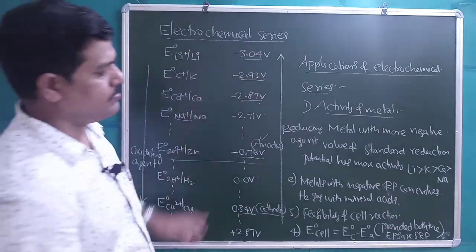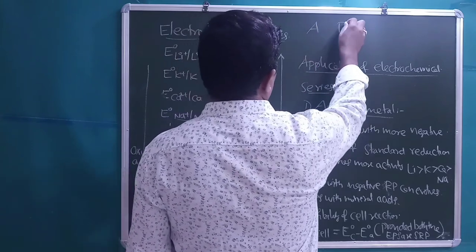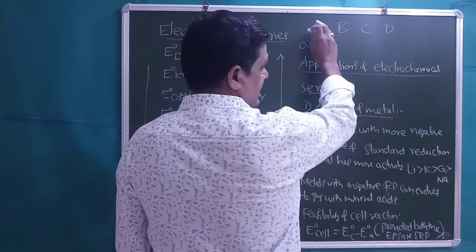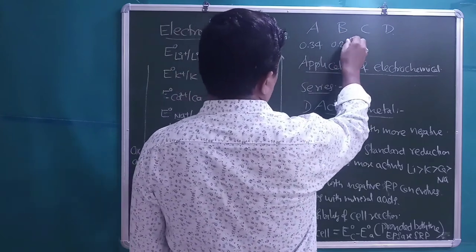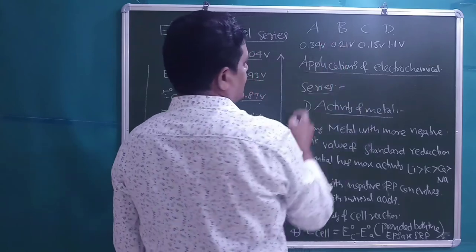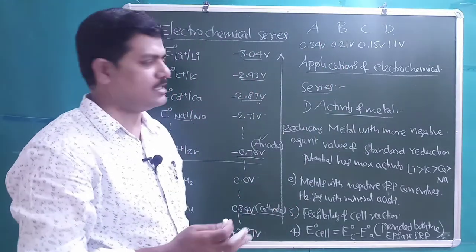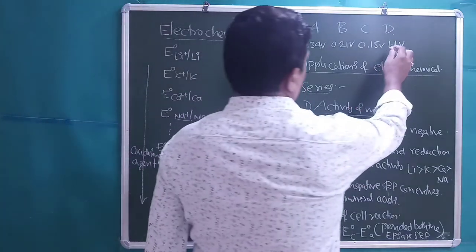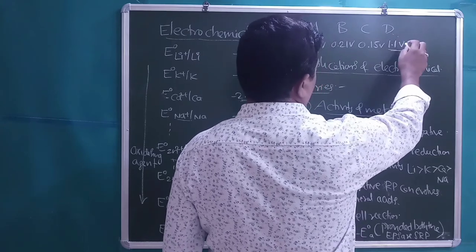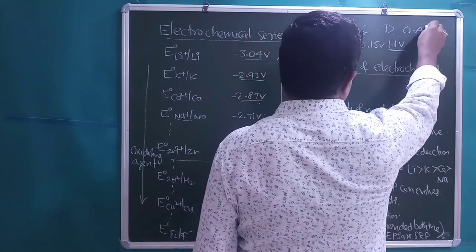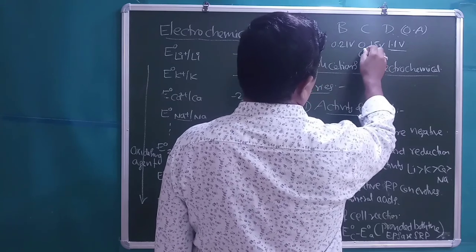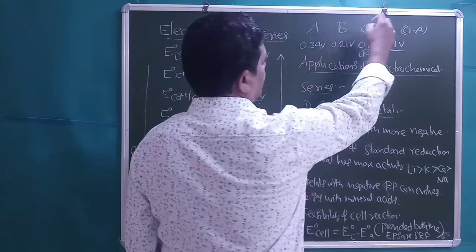For example, if four metals A, B, C, D have electrode potentials given as 0.34, 0.21, 0.15 and 1.1 volts, and they ask which is a strong oxidizing and reducing agent respectively: all are positive reduction potentials, so the metal with the more positive reduction potential is a strong oxidizing agent, and the metal with the least positive reduction potential, 0.15, is the strong reducing agent from the given four metals.